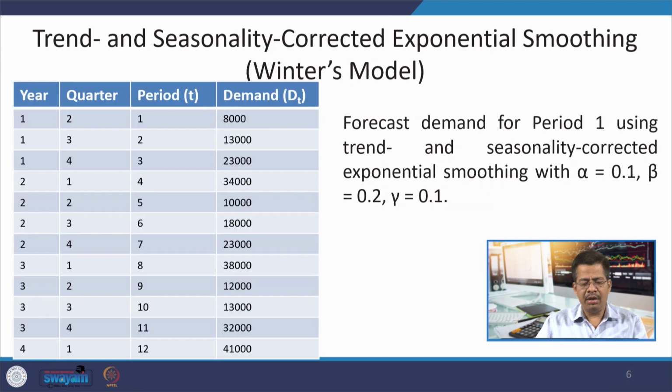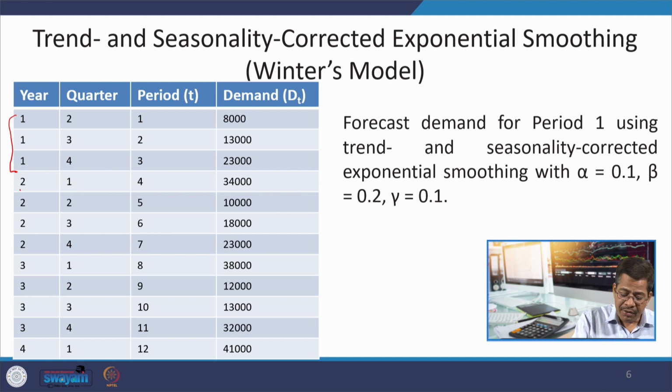Now, this was the data we were discussing in our previous session also. You see here our seasonality is coming in the quarter, so you have 4 periods in a year, and then again the pattern repeats. Year 1 has data of only 3 quarters, first quarter data is missing.